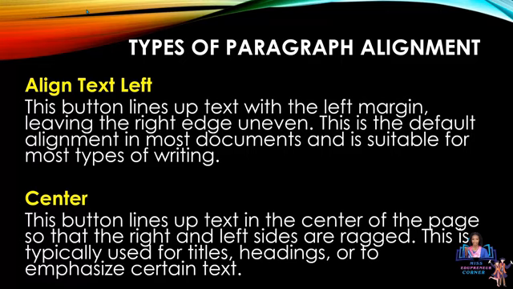This is the default alignment in most documents and is suitable for most types of writing. So as soon as you open up a Microsoft Word document and you start typing, automatically the text will be aligned to the left, as this is the default option for most word processor documents.